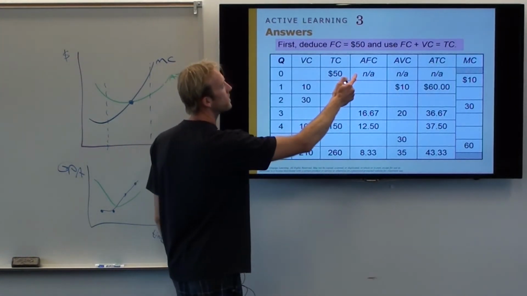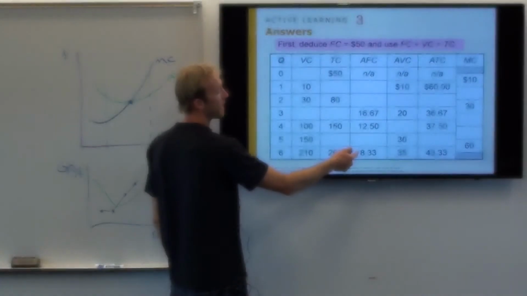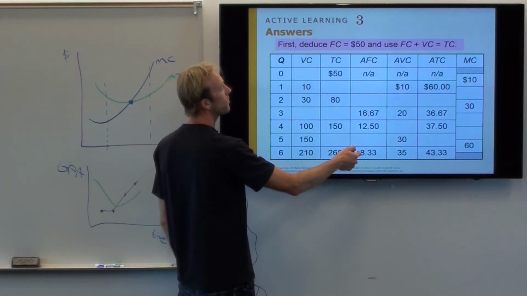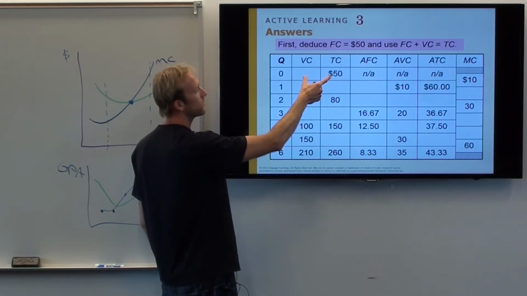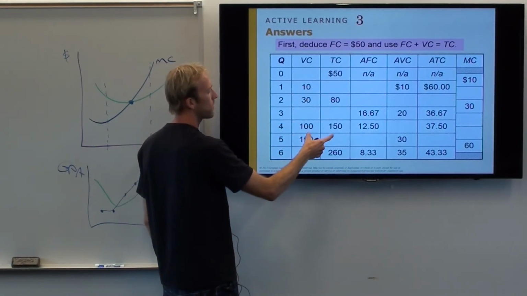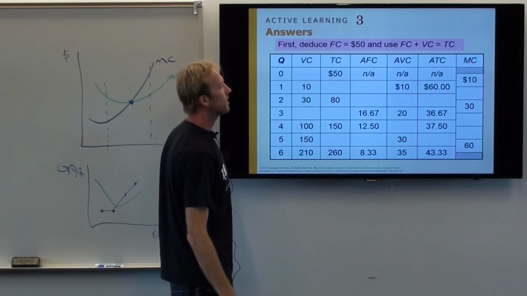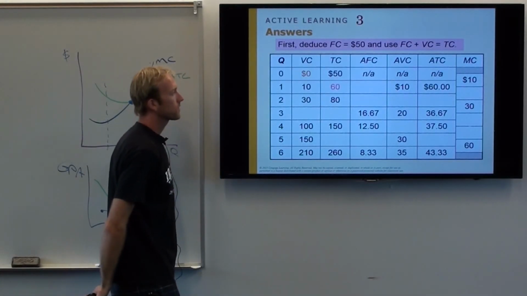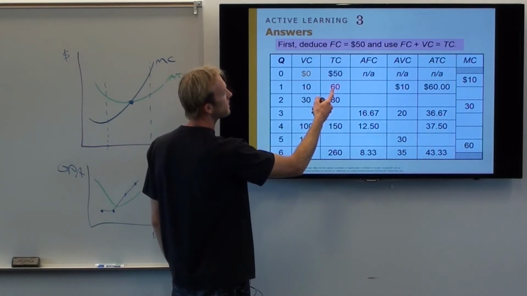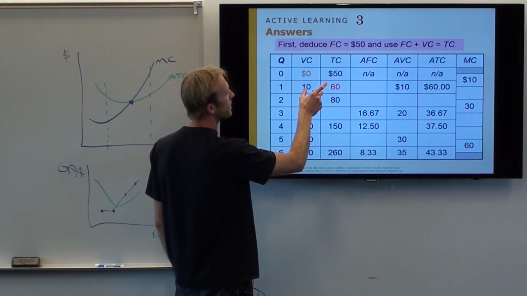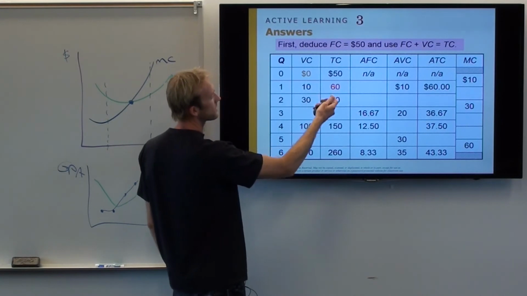And then, after you do this, you can also know that variable cost and total cost are going to equal 50. So you can figure out most of these from the 50. You know this plus 50 has to equal this guy, 60, right?